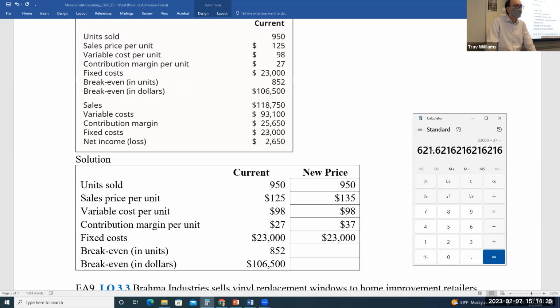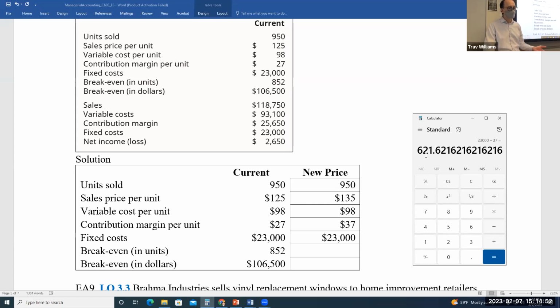So what we do when you're trying to figure out the number of units to break even and you get something that's not a whole number, round it up. Okay, because if you round it down, even if it was like 621.1, normally we would round that down. But in this case, if you round it down and you only sold 621 units, you haven't quite broken even, right?